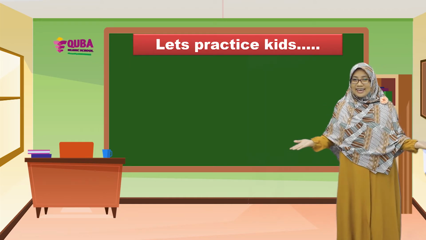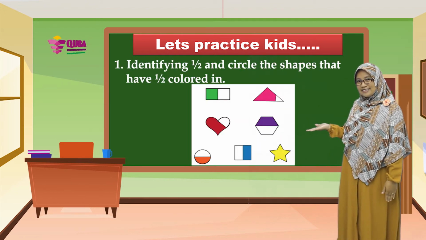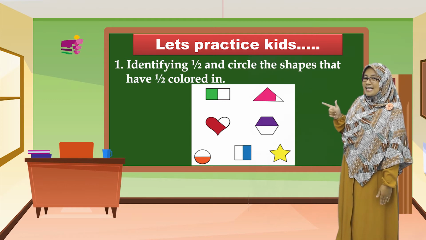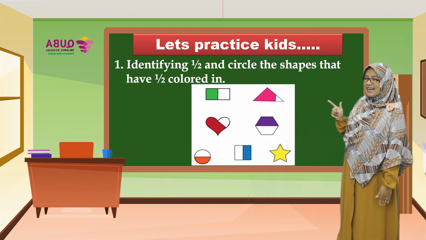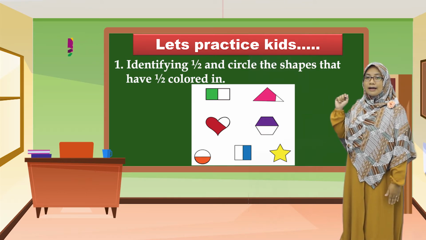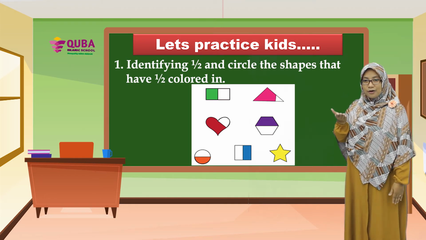Let's practice, kids. Look at question number 1. Identifying 1/2, and circle the shape that has 1/2 colored in. Okay, look at the color shape. Green. Okay, is it a 1/2 or no?